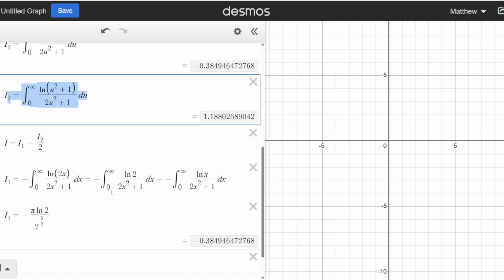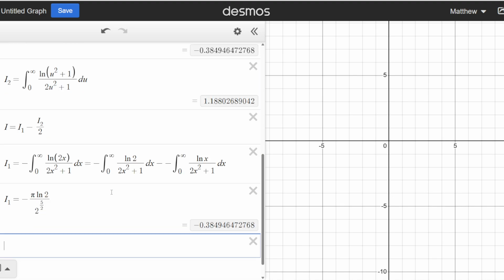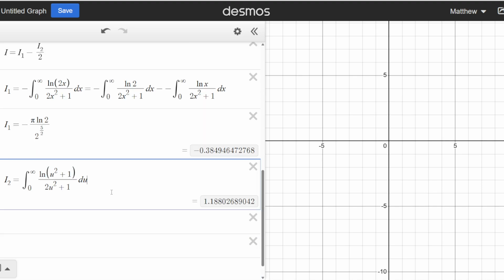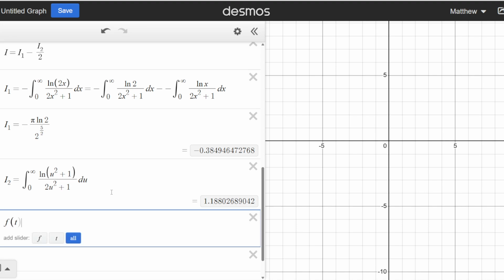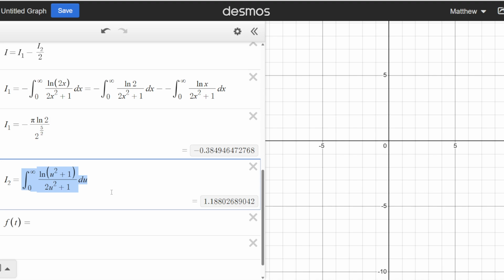All right, so I2 is equal to this. Okay, how are we going to solve this? Well, we could technically create f of t being equal to this.